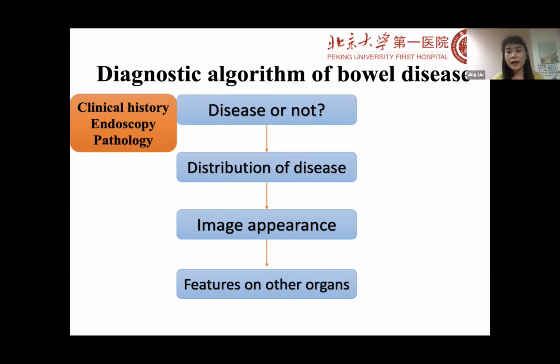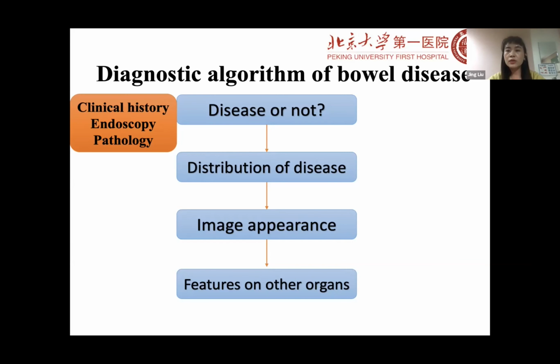For example, for young people, malignancy is rare, but IBD is common. What is IBD? IBD means inflammatory bowel disease. But for old people, malignancy is common while IBD is rare. So it is important to get the patient's history before we take a look at the images.